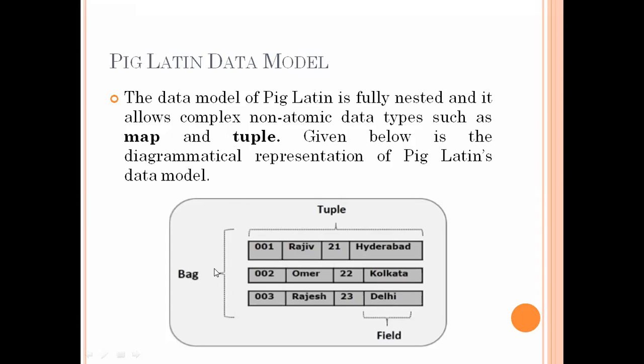So row wise is going to be called a bag, and each and everything is going to be called a field. So for example, this is a form of data. These forms of data, how is Pig Latin going to read it, either maybe a tuple, a bag, or a field? How is it going to be processed?